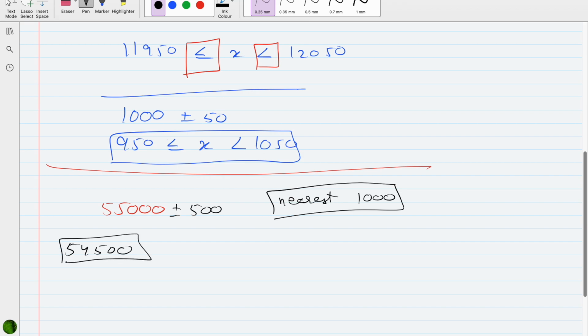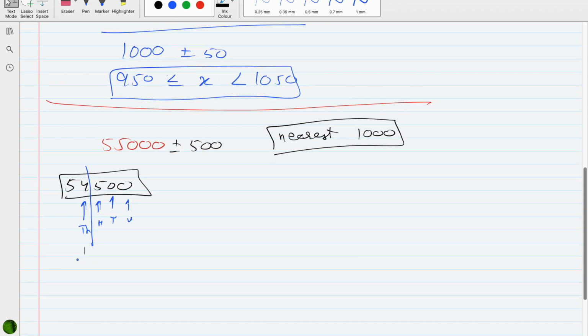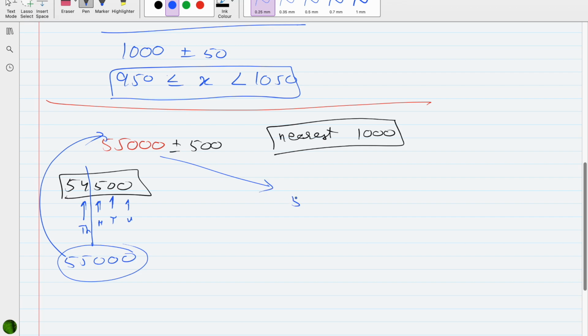If I round this off to the nearest 1000, this is units, this is tens, this is hundreds, this is thousands, right? Am I getting 55,000, the original number? And when we add it, this is 55,000 plus 500. So if I round this off to the nearest 1000, what do I get?